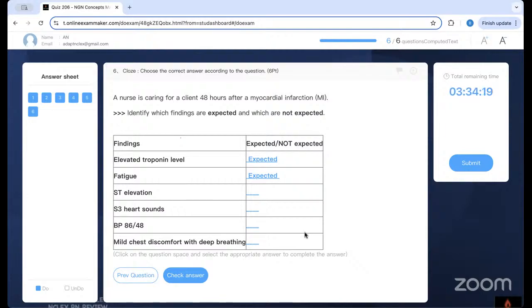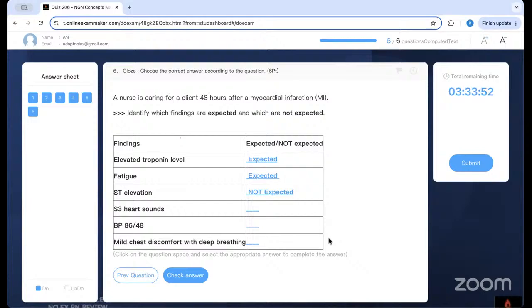Remember, in myocardial infarction the heart muscle tissue is dead, right? It's infarcted. When it's infarcted, you expect it to recover. It takes some time. If you still have persistent ST elevation, that means your heart muscle is still dying. This is concerning. After 48 hours, your ST elevation should not be there. It's bad.